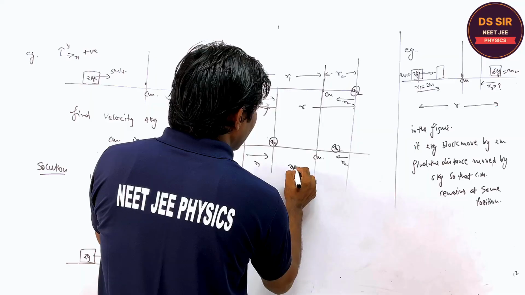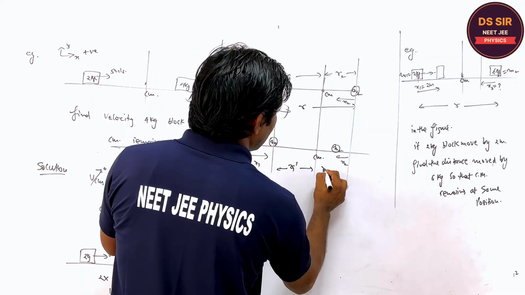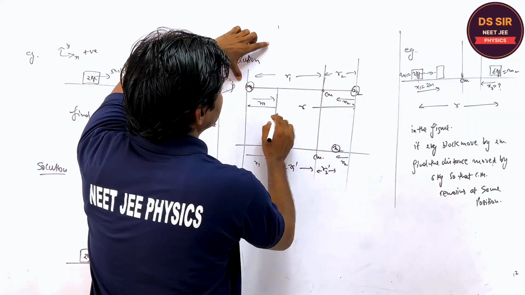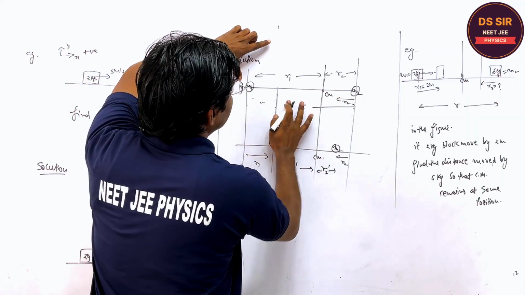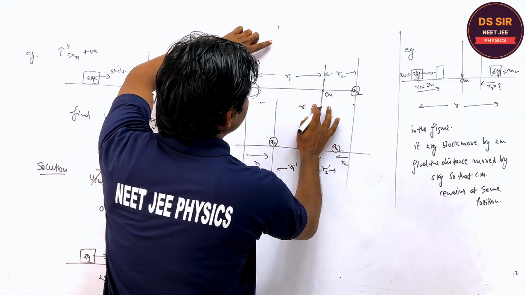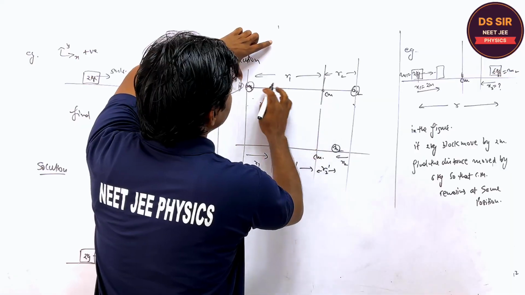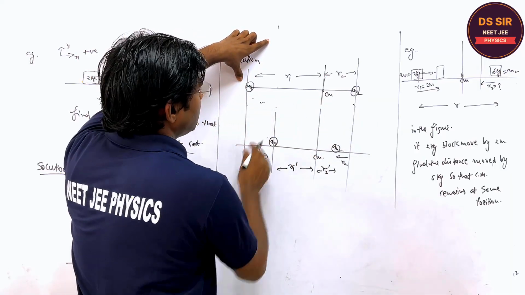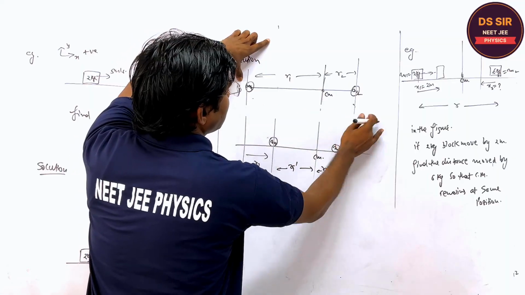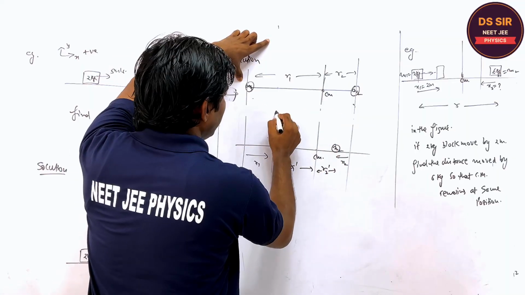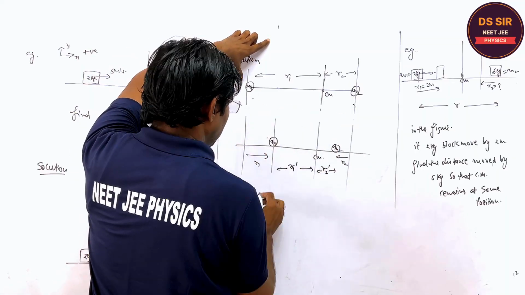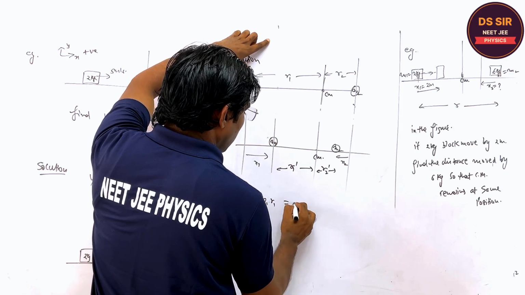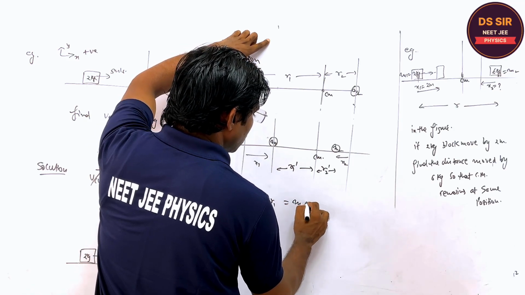Now this is r1 dash, this is r2 dash. Can you tell me the initial relation, when they do not move? What is the relation between m1 r1 and m2 r2? You tell. m1 r1 must be equal to m2 r2.